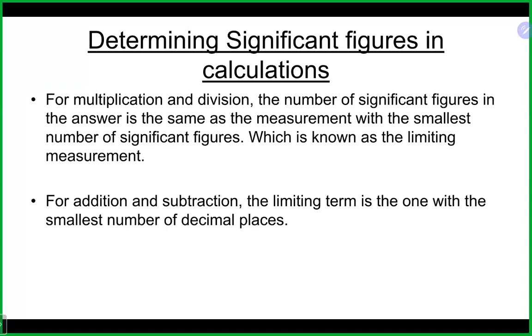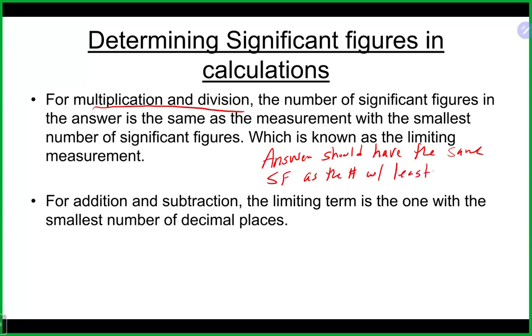We do actually do different things depending on that situation. So for multiplying and dividing, our answer should have the same sig figs as the number with the least number of significant figures.